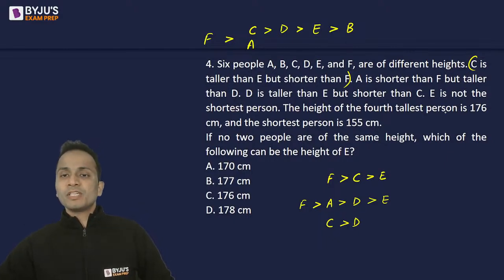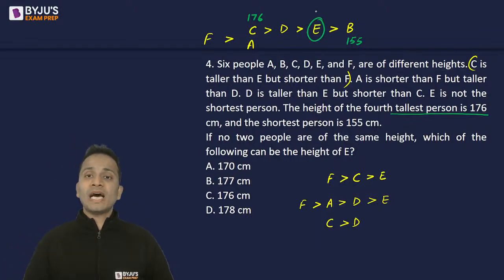Now, further, they are saying that the fourth tallest person is 176 and the shortest person is 155. We'll have to find out which of the following options can be the possible height of E.